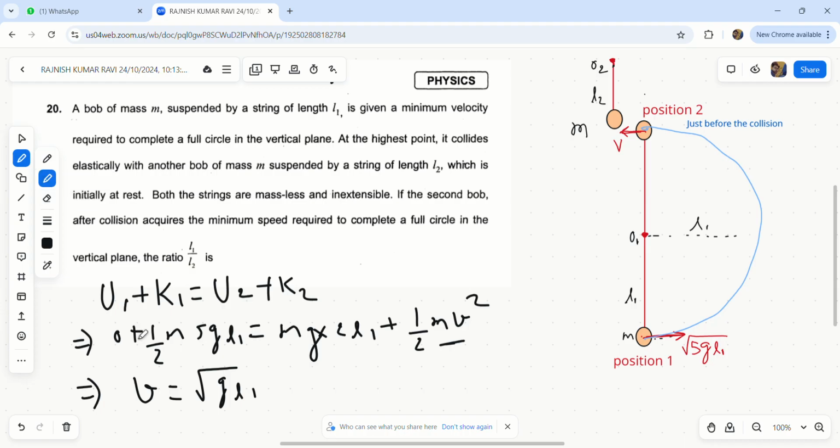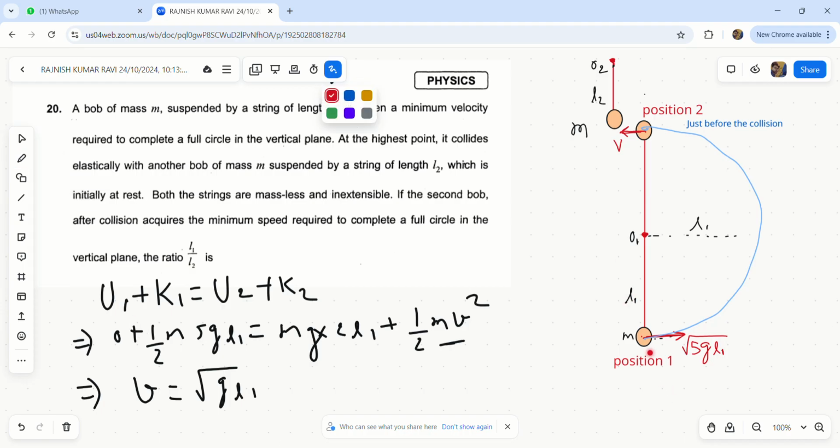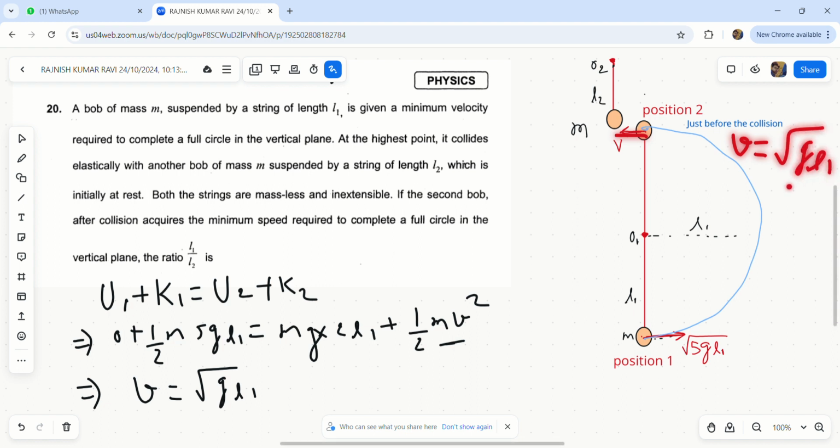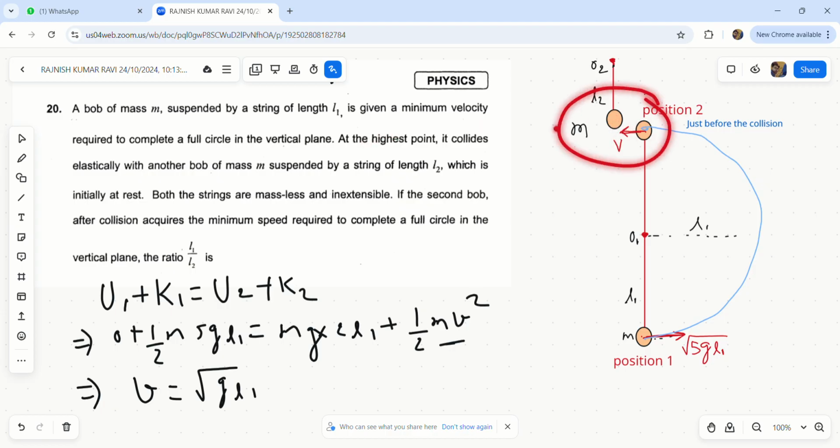So at the highest point, this bob of mass m has a speed of under root gL1. As we know, if two identical masses undergo an elastic collision, their speeds get interchanged.